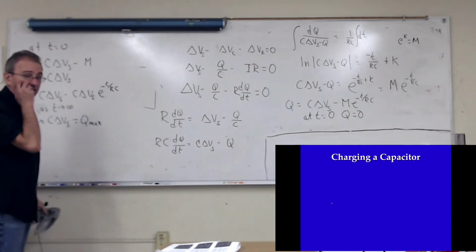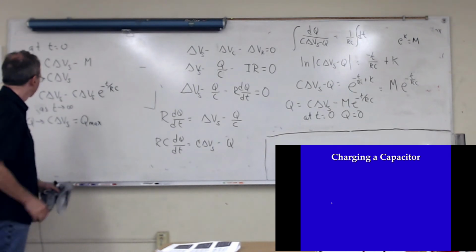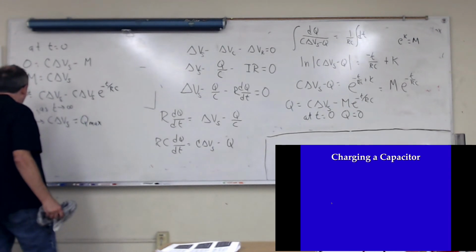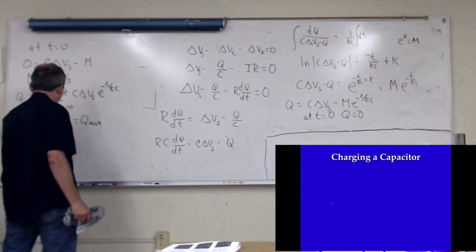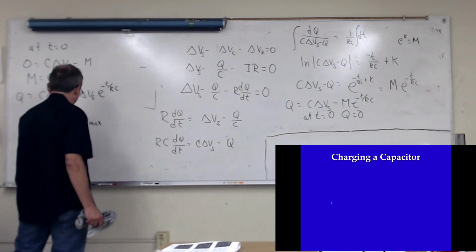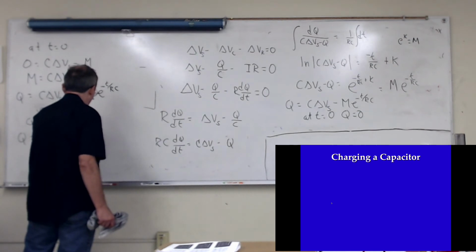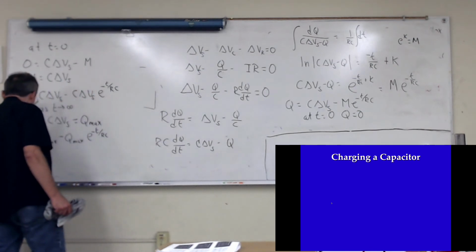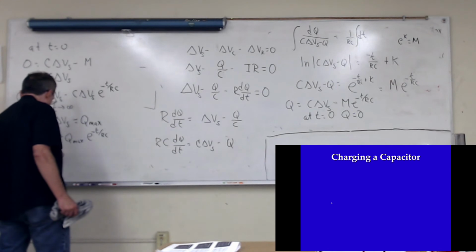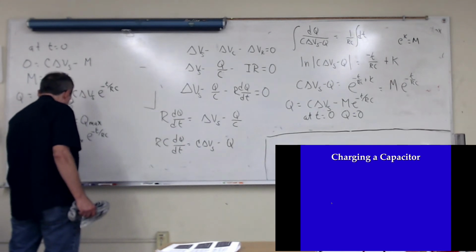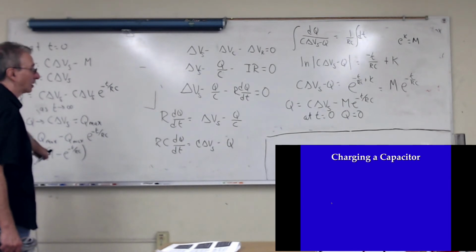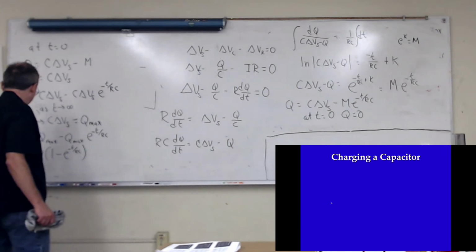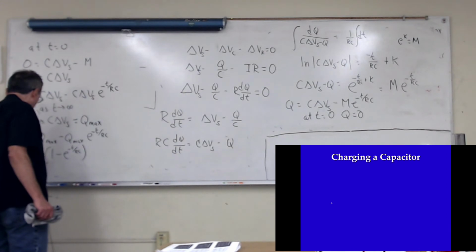So I can say Q equals Q max minus Q max e to the minus T over RC. And so this is the charge on the capacitor as a function of time.